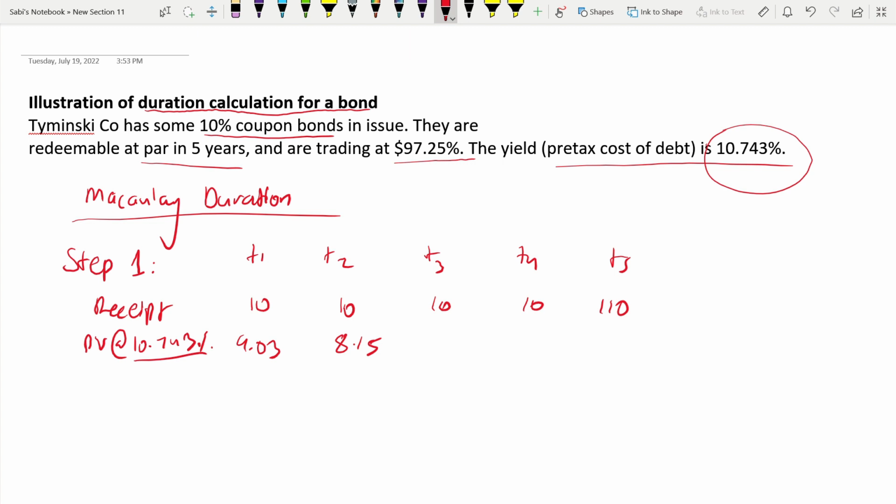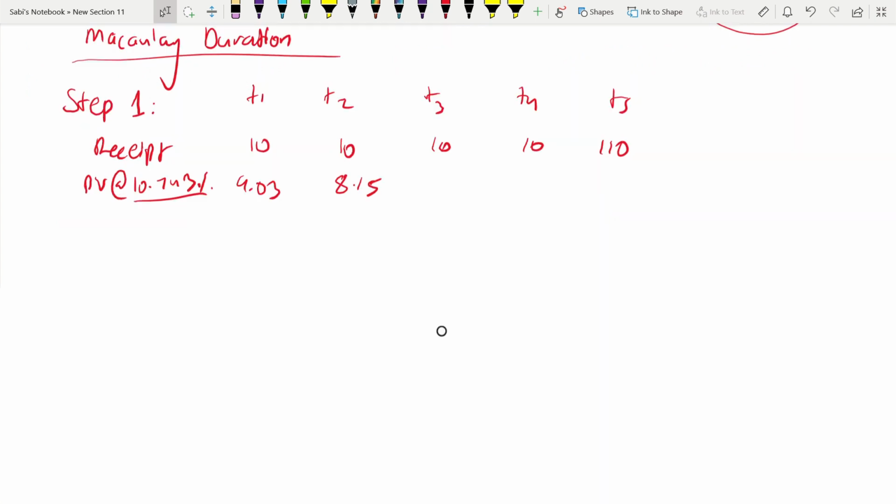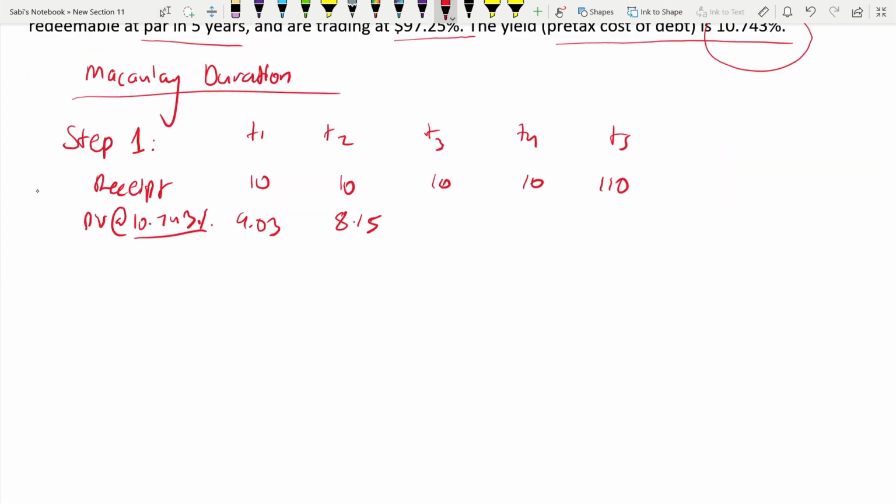You need to discount. Do you know how to discount, by the way? If you don't know, let me show you. First year, if you want to discount this 10, it will be 10 divided by 1 plus 10.743% to the power 1. Second year, it will be 10 divided by 1 plus 10.743% to the power 2.